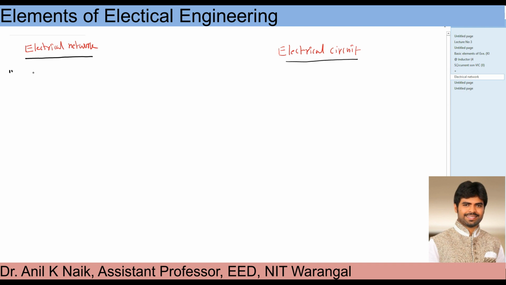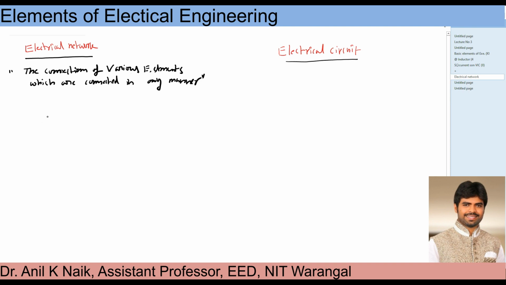The electrical network definition: the connection of various electrical elements, which are connected in any manner, is called an electrical network.